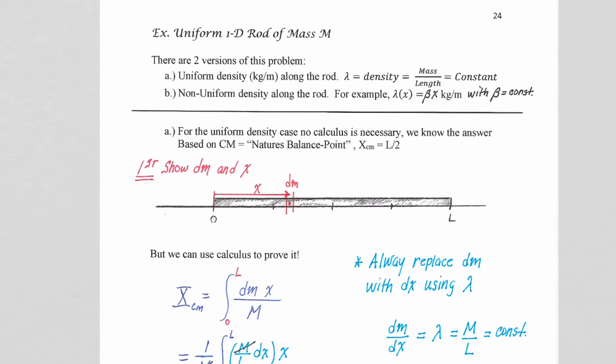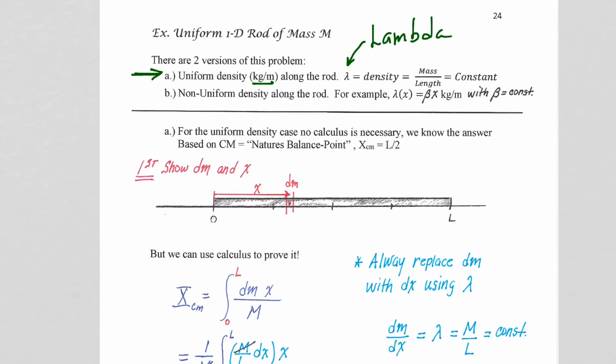The first one is the one we're going to now look at. We're going to assume it's a uniform density, so the kilograms per meter along the rod doesn't change. So that linear density is given by the Greek letter lambda, so you can put lambda in there.